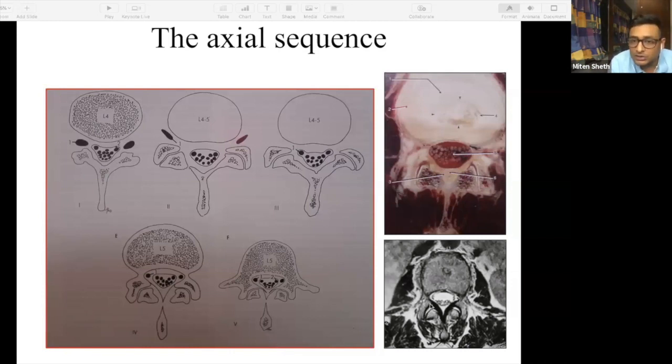When you are able to see one bun, two bun, and the center is the level of the disc space. Here you're able to see one bun over here, a little bit of bun over here, and you can't see it completely separate. So this is not the correct sequence where you want to see the central canal.